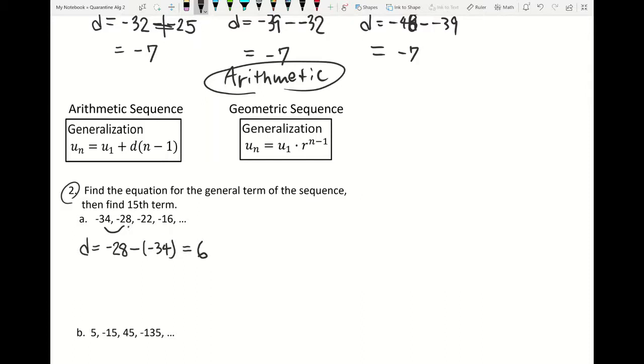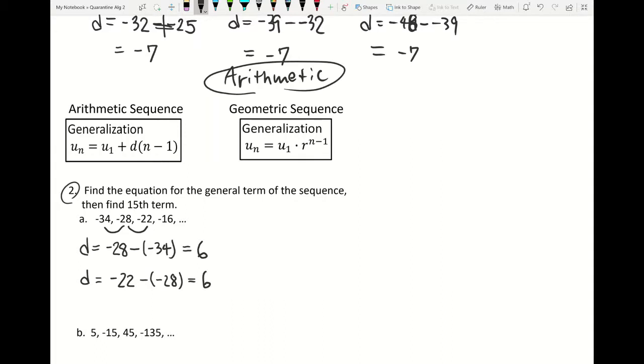We need to check this pair also. Again, you pick this time negative 22, but then subtract the number one previous, negative 28. And again, you get 6.